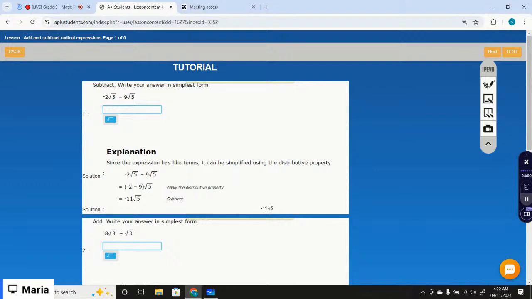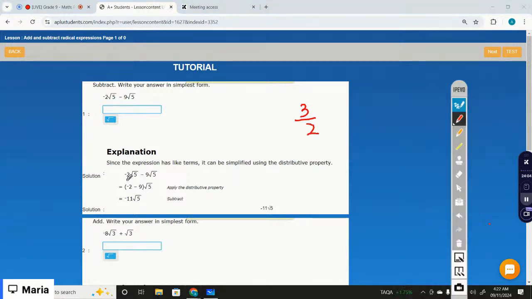So you can see square root 5 as a variable x, right? So you can take square root 5 common. You have negative 2 minus 9, right? So minus 2 minus 9 is minus 11. That is minus 11 square root 5.